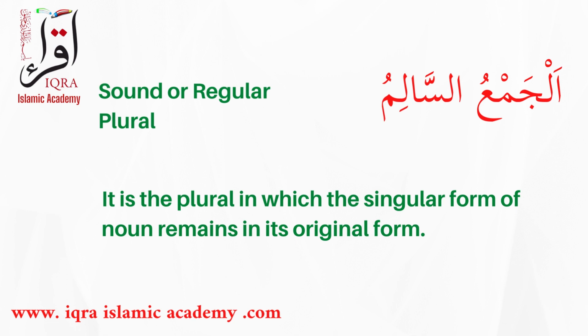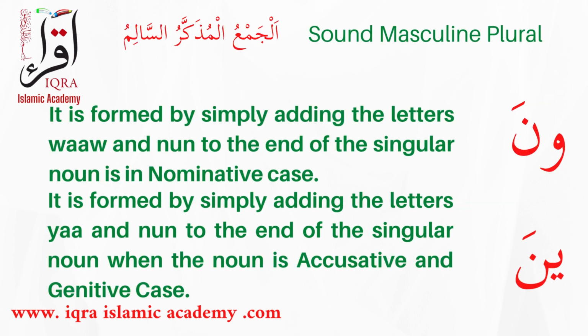It is the plural in which the singular form of noun remains in its original form. It means that the spelling of the singular noun is the same. Nothing is changed. It is formed simply by adding something after that.